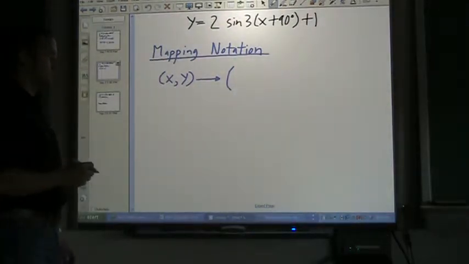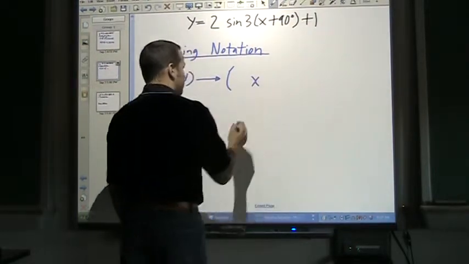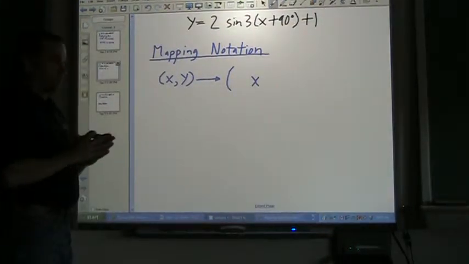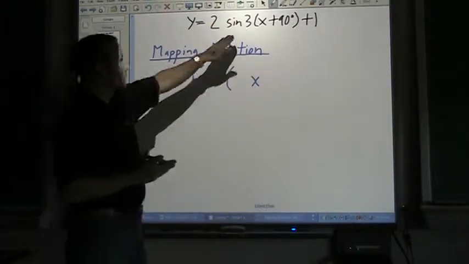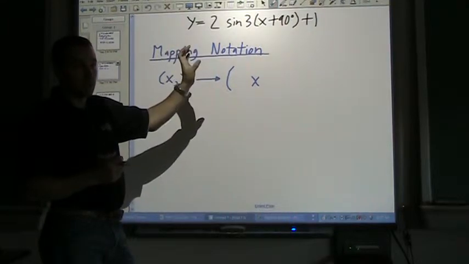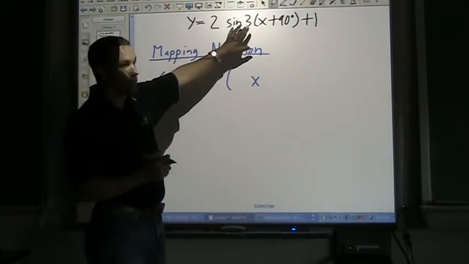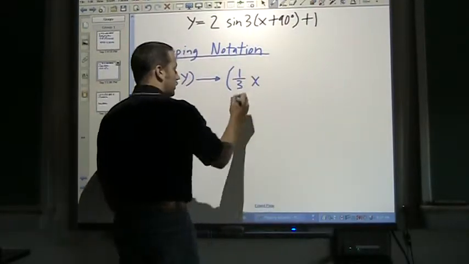In the x, first of all, my stretch, my period: the number that affects the period is only a third as big as it was before. Remember, we were doing the reciprocal of 3, so it's only 1/3 as big as what it used to be.